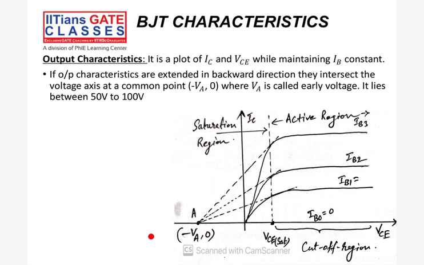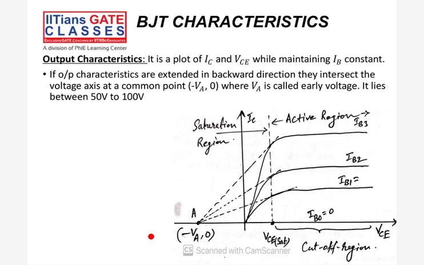So it is a plot of IC versus VCE while maintaining IB constant. So we have three regions here also. One is cutoff, other is saturation, third is active region.